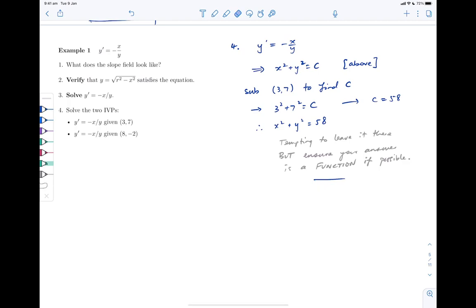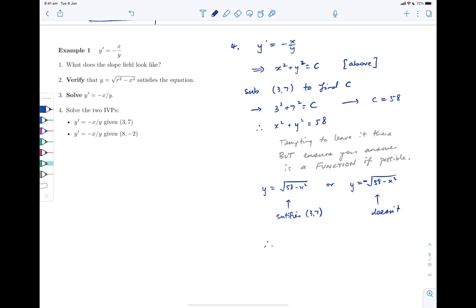Actually, I'll be a bit more explicit. So y equals square root of 58 minus x squared, or y equals negative square root of 58 minus x squared. Okay, and this one satisfies 3, 7, which is the one thing we know about this, and this one doesn't, right?